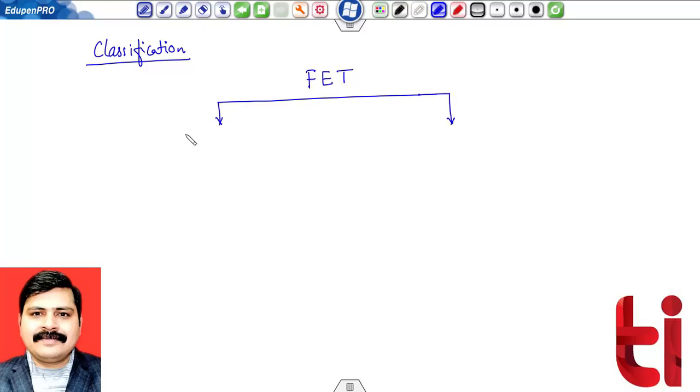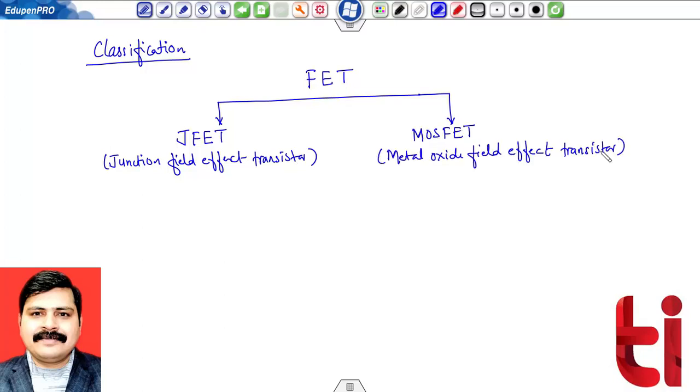The first is termed as junction field effect transistor, in short JFET. And the second class is known as MOSFET, the metal oxide semiconductor field effect transistor.